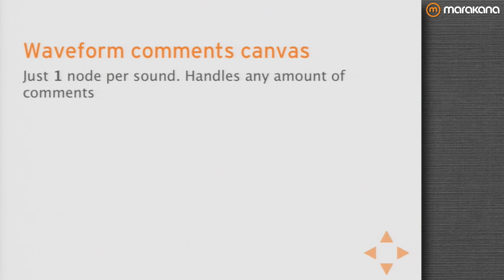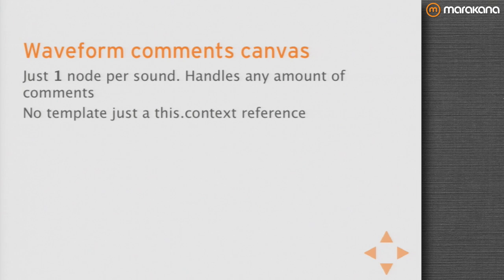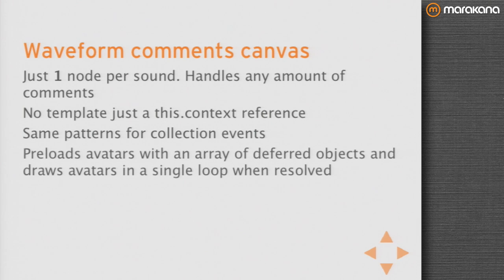I mean, it's hard to get more efficient in the way of DOM nodes than having just one per sound. So there's obviously no template in this view. There's just a reference to the canvas context. So we've changed it a bit. But it uses the same patterns for collection events, which is super nice because working in that way, you're still within the Backbone framework of handling data and handling events on data.